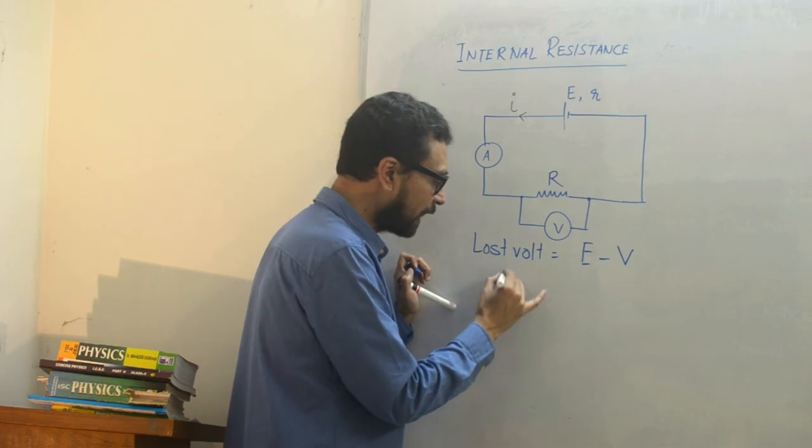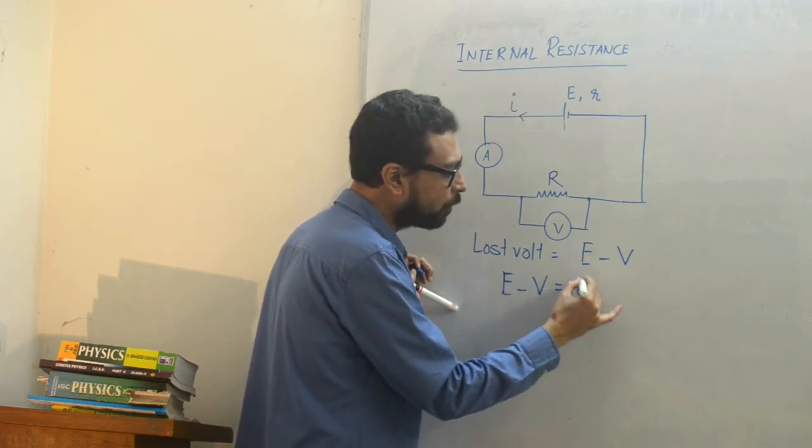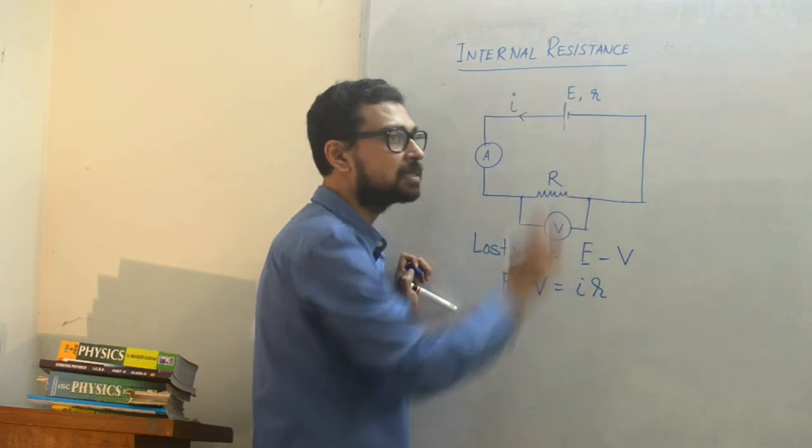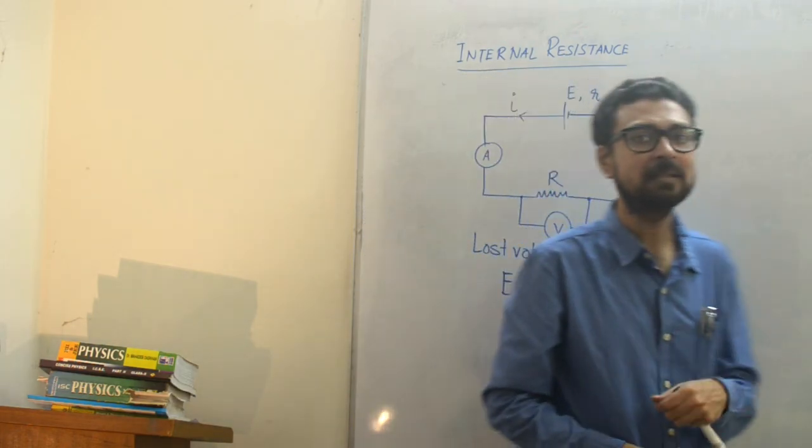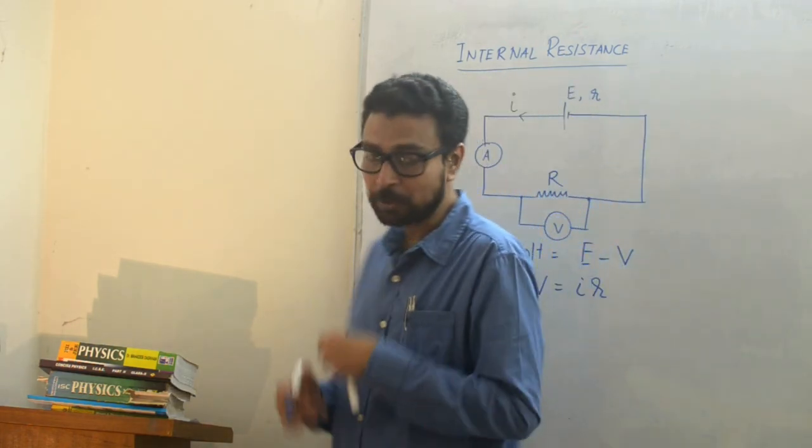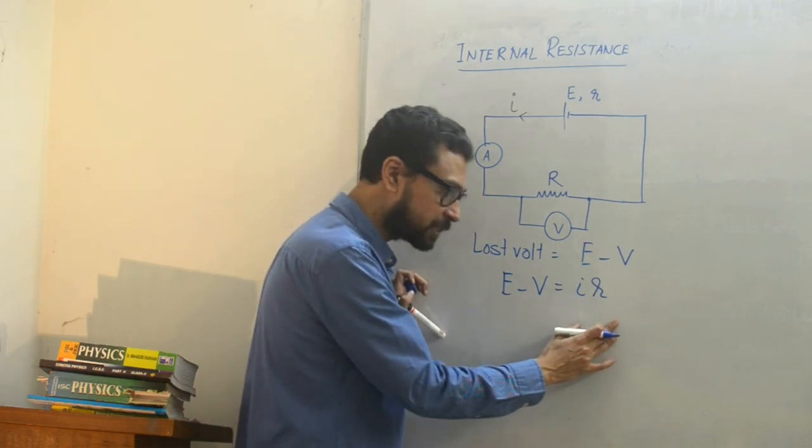So we can say that E minus V is small i into small r, which is termed as internal resistance. Now we have an expression.